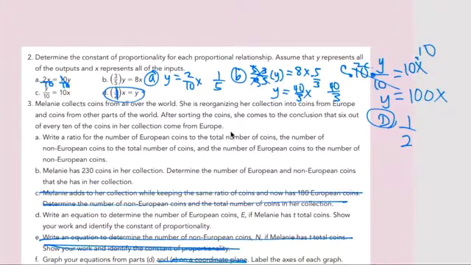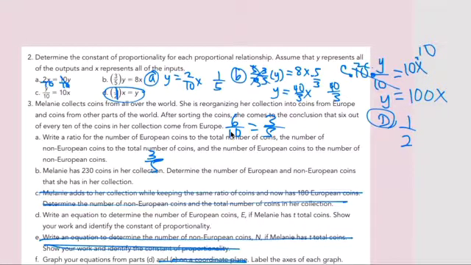Melanie collects coins. She organized her collection into coins from Europe and coins from another part of the world. After sorting the coins, she comes to the conclusion that 6 out of every 10 coins in her collection are European. So basically 3 out of 5. Write a ratio of European coins to the total, 3 out of 5.